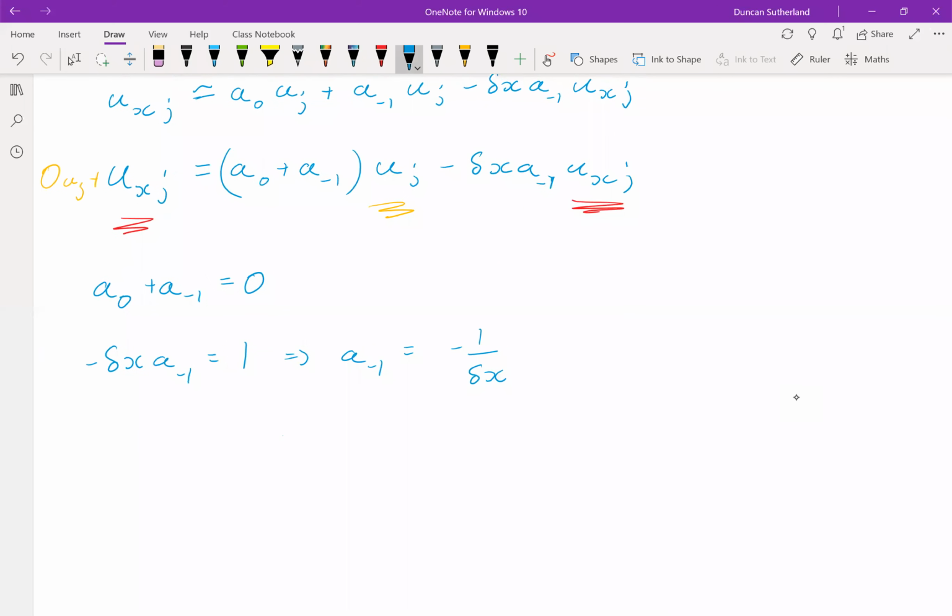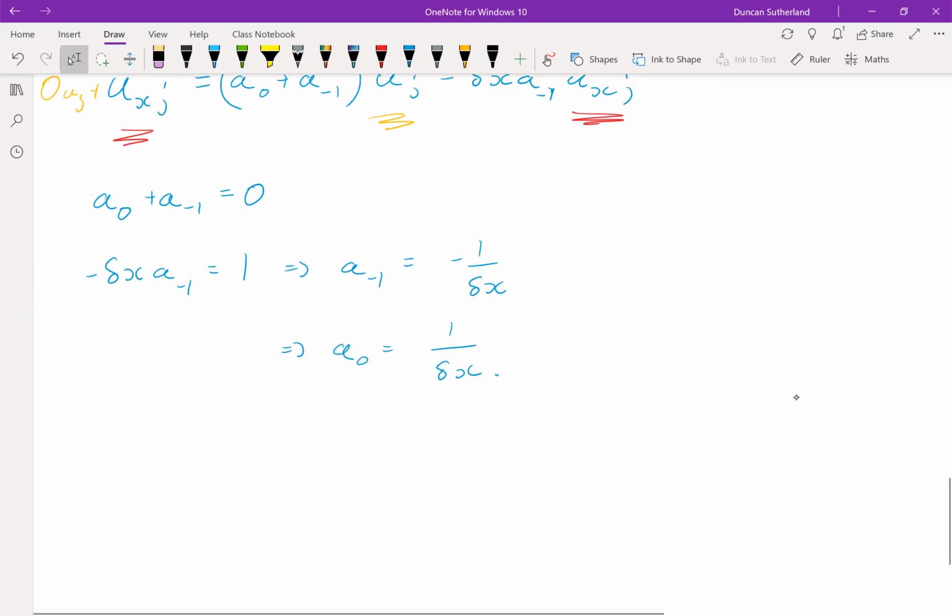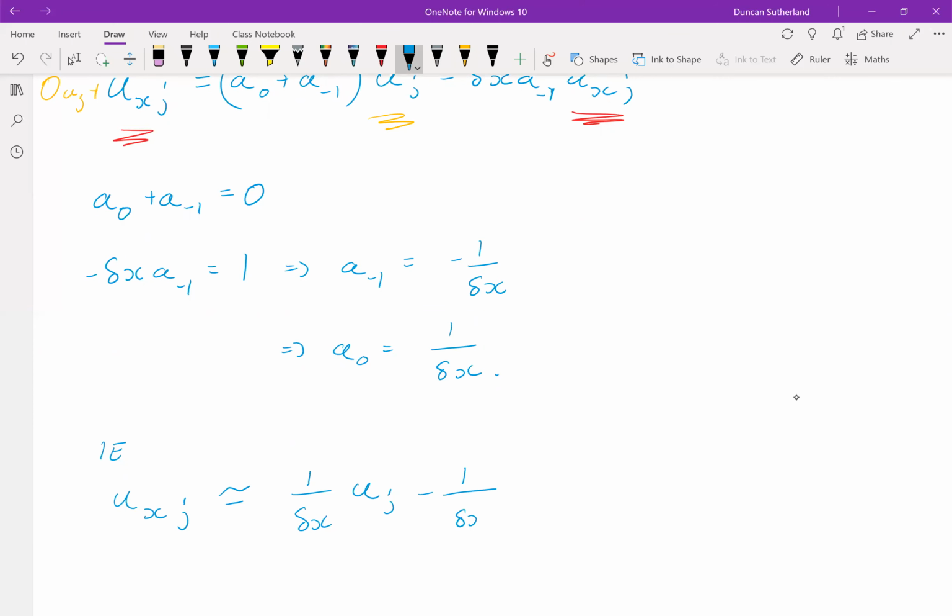That implies, by back substitution in here, a0 equals 1 on delta x. That is, ux at j is approximately equal to 1 on delta x uj minus 1 on delta x uj minus 1.